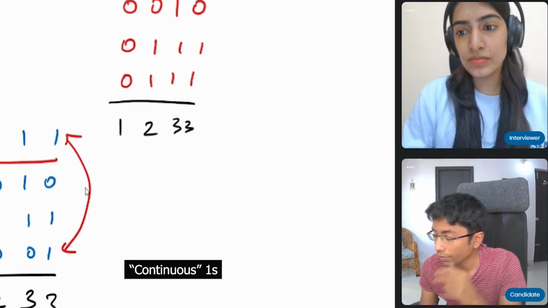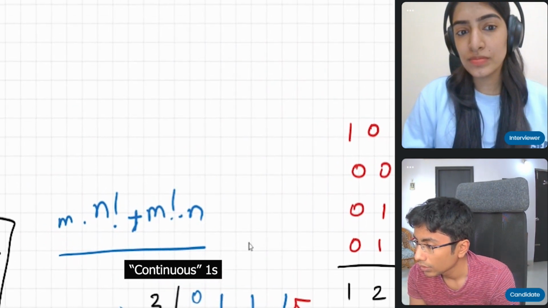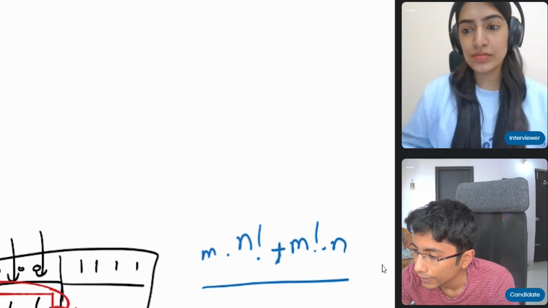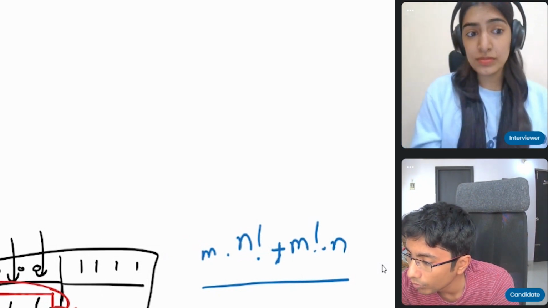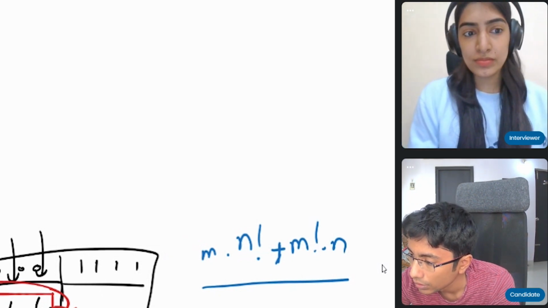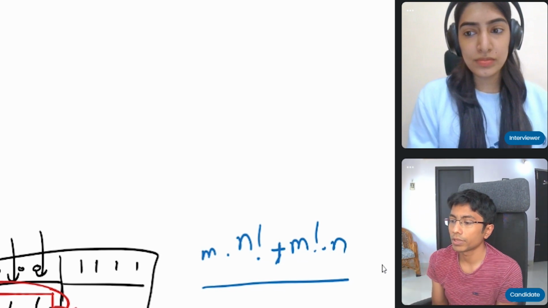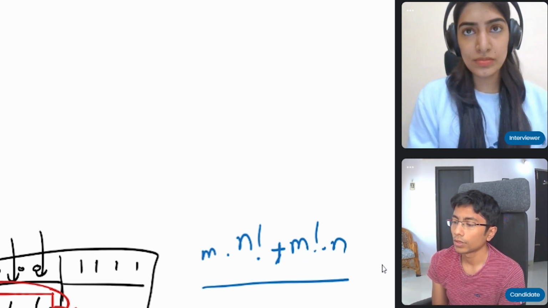Can I break it into segments? Can I take this thing, and basically the count of ones has to be increased in some segment.